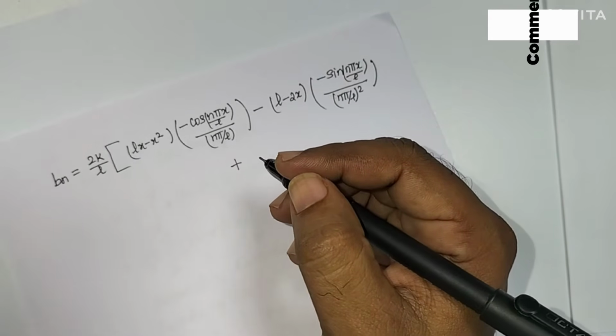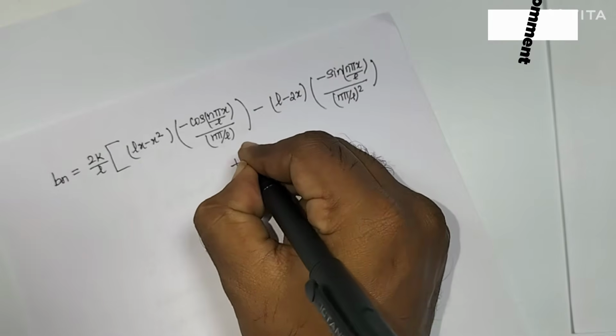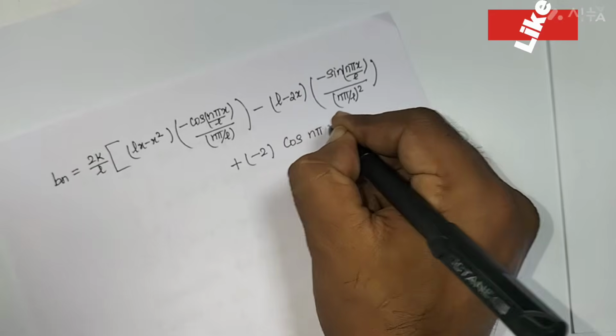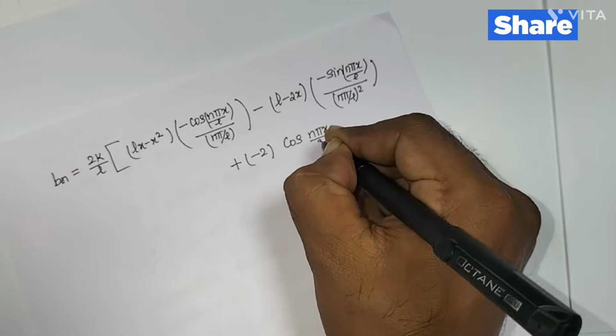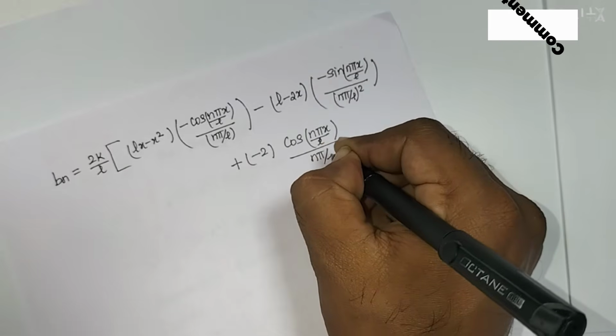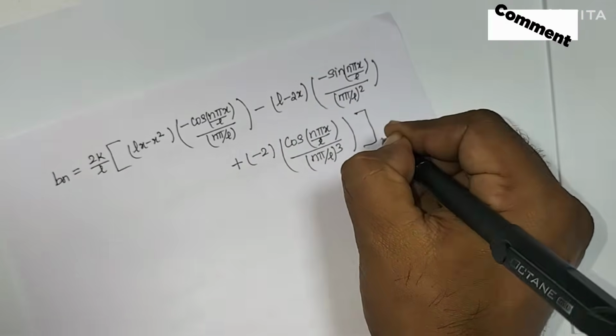What is u double dash? Minus 2, and cos n pi x by L divided by n pi by L whole cube. Our limit is 0 to L.